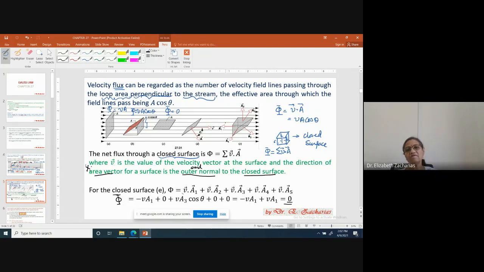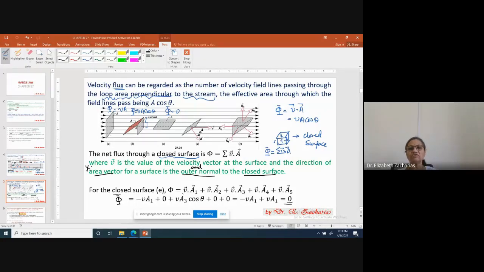So you can see 5 field lines are cutting here, 5 field lines are cutting there also. Through the other 3 surfaces, nothing will cut because the normals are perpendicular to the velocity vector. So it's only through this surface and this surface that it is cutting, and you're finding that the same number of field lines are cutting. So we can show that the flux is 0.